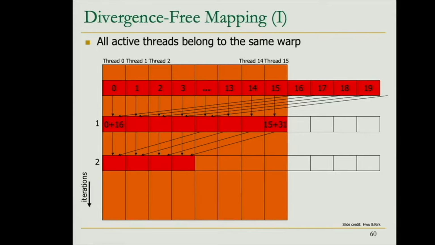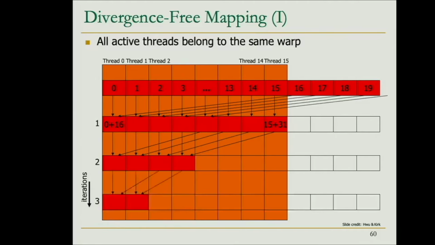And inside each of these warps, so if this is one single warp, I have 100% utilization because all the threads of the warp are active. And then I continue, and so on. In the very end, obviously, I don't have 100% utilization, but that's simply because the rest of the reduction is with less than 32 elements.